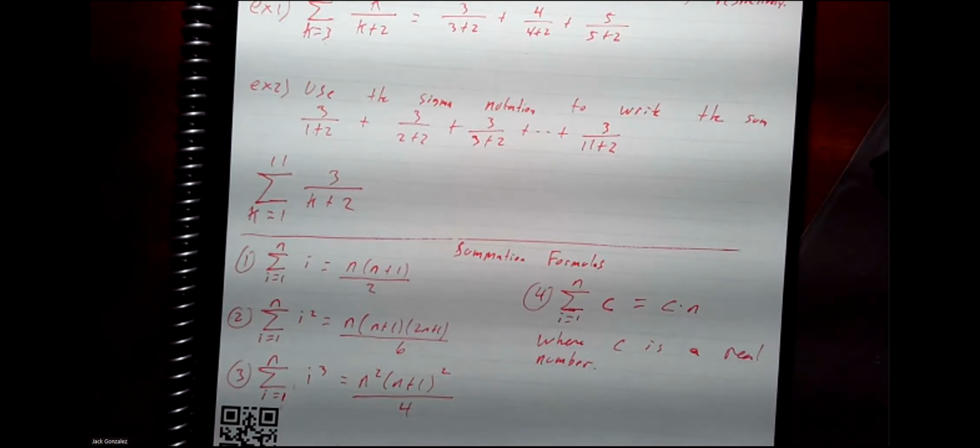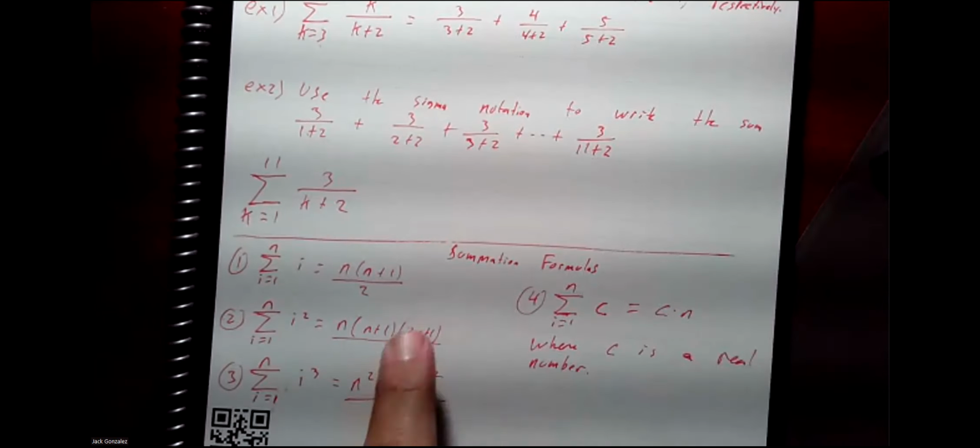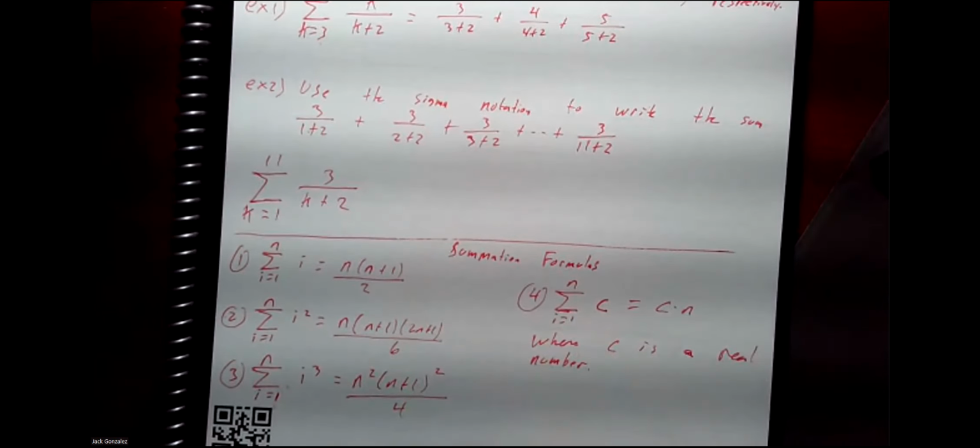All right. So let's do the next example using these formulas. So basically, you're going to try to figure out when you can apply these and simplify the question. You guys okay so far? All right.